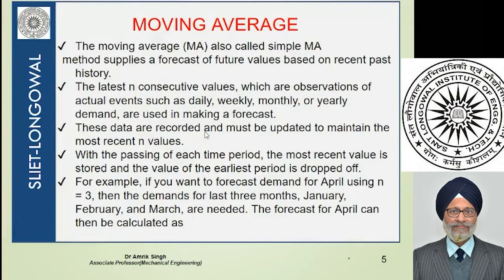These data are recorded and must be updated to maintain the most recent N values. N is the number of periods. Suppose we want a forecast for the next 2 months, and we have the data for the last 10 months. N will be taken from the recent values. When each time period passes, the most recent value is stored and the value of the earliest period is dropped off.